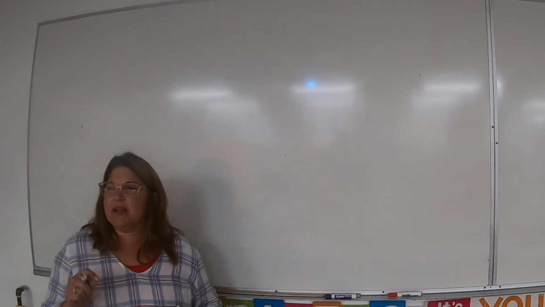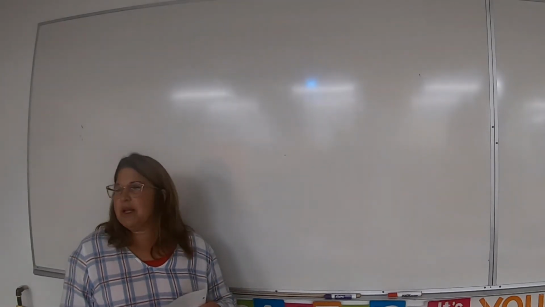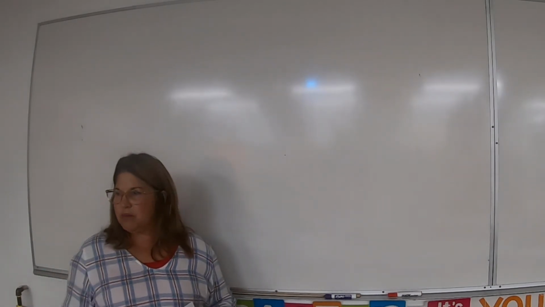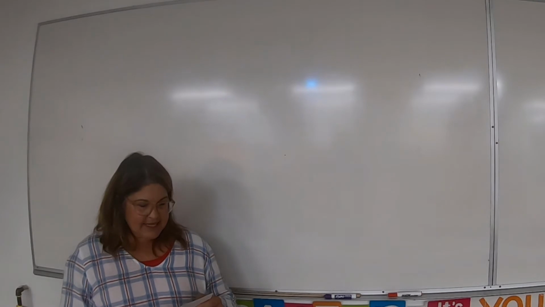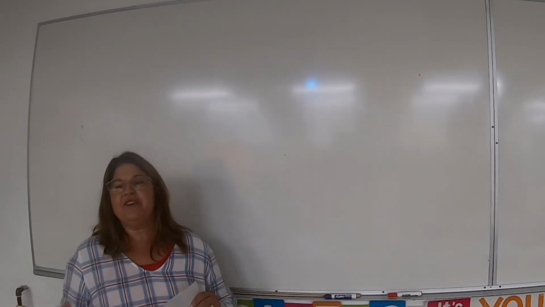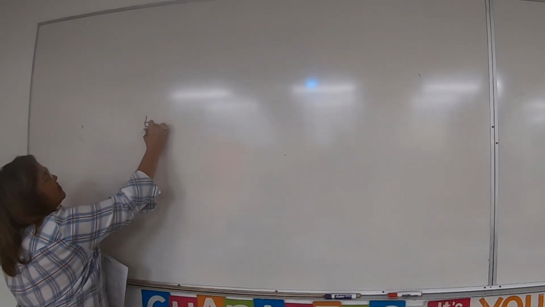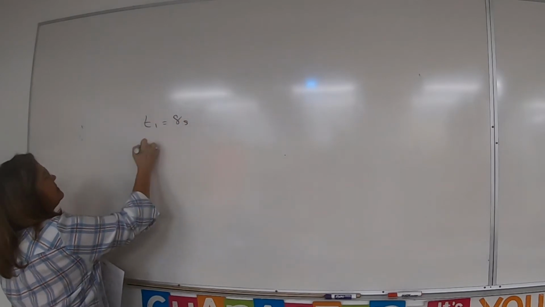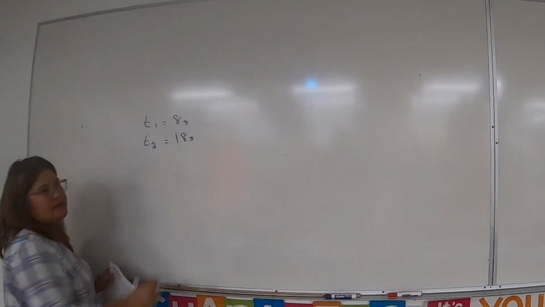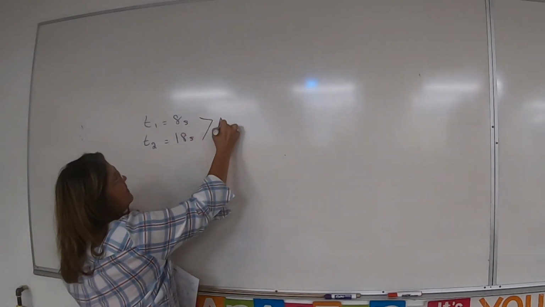Okay, so now we have questions in our booklet. Okay, so we're looking at question 1 on your motion problems. And just like we always have done, we write down what we know and what we're looking for. And it says, a rabbit started running at 8 seconds and finished at 18 seconds. So I know my initial time is 8 seconds, and I know my final time is 18 seconds. Okay? So what do I know about my change in time?